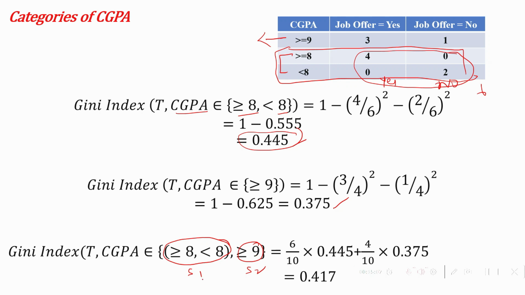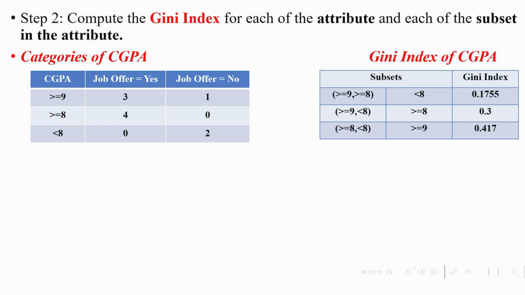So subset 1 contains 6 elements out of the total 10, times the Gini index of the first subset, 0.445, plus the second subset has 4 elements out of the total 10, times the Gini index of the second subset, 0.375, and that is equal to 0.17.